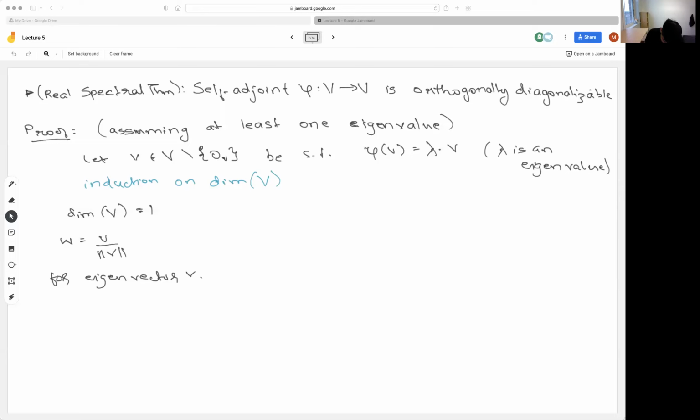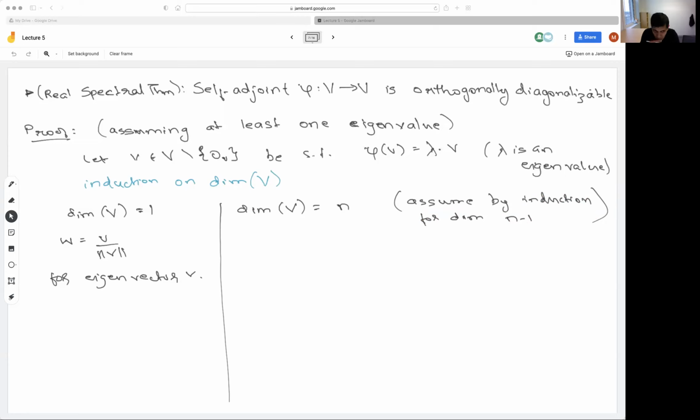Okay. So now let's say the dimension of V is n. And let's say we can assume this statement for n minus 1 dimensional spaces.